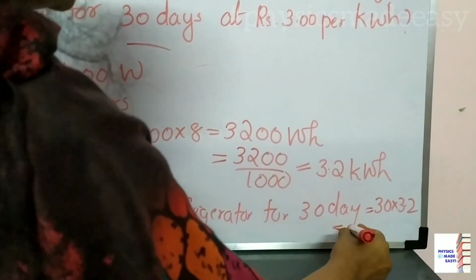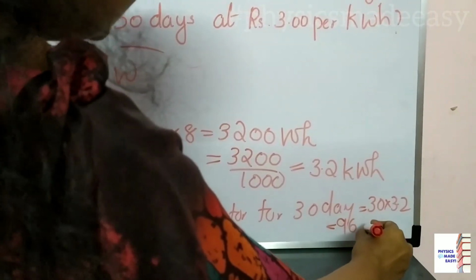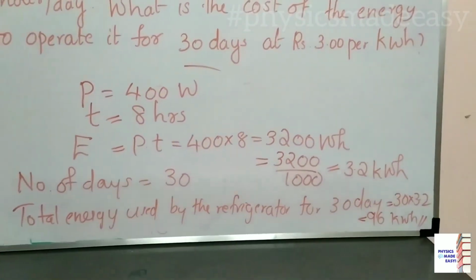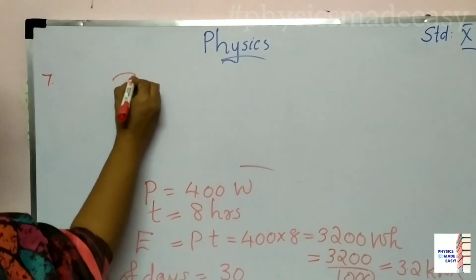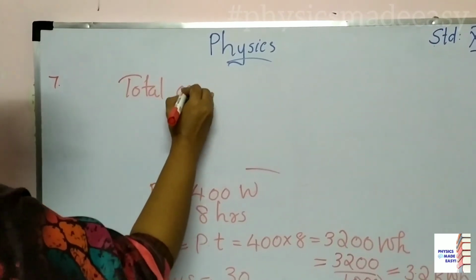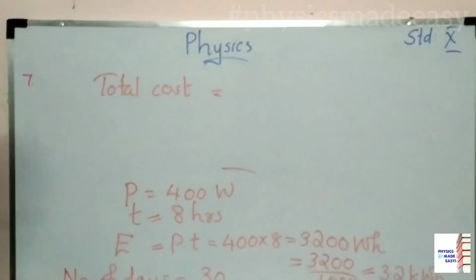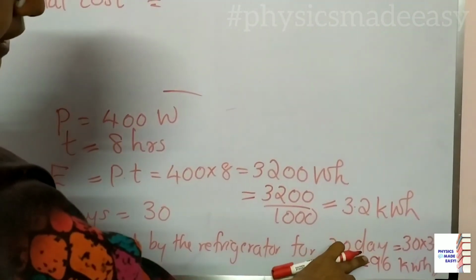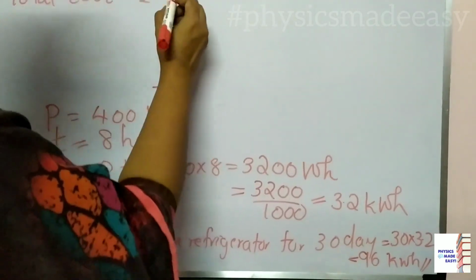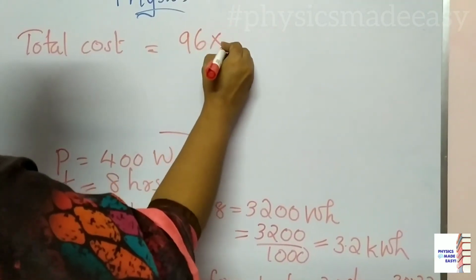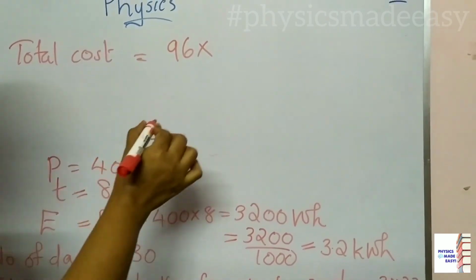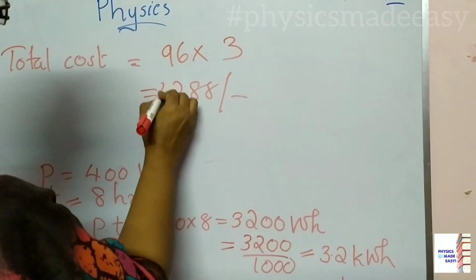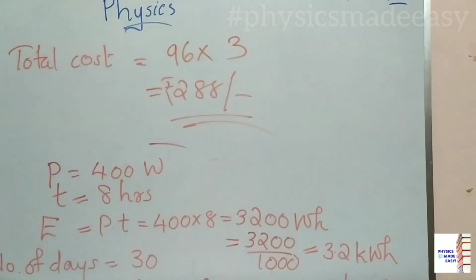Then you will get 96 kilowatt hour, 96 units. Now we have to find the total cost. For that, the total energy consumed by that refrigerator for 30 days is 96 kilowatt hour. So 96 into, for each unit we have to pay 3 rupees. So what is the answer? 288 rupees. That is the total cost.